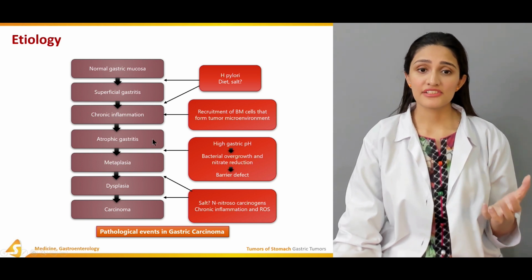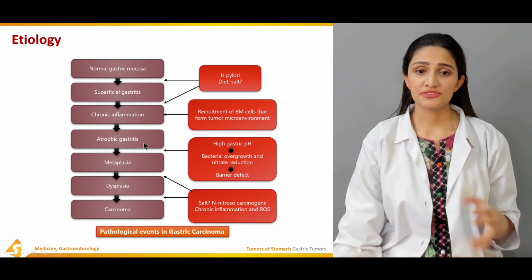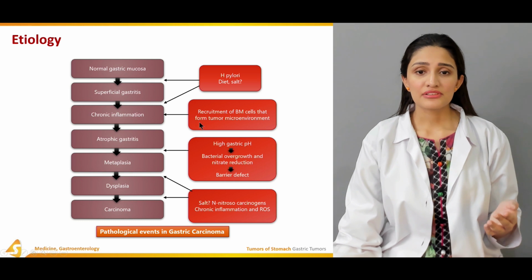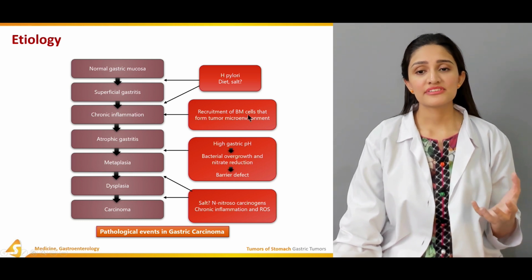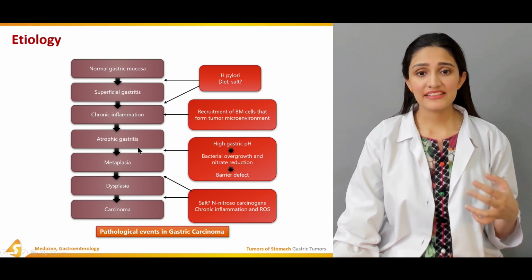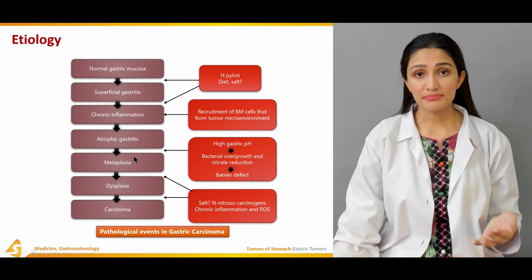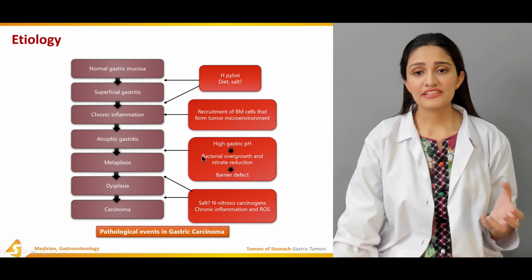Chronic Helicobacter pylori infection predisposes to atrophic gastritis with the help of recruitment of bone marrow cells that form the tumor microenvironment. And then secondly, it predisposes to metaplasia, which is more of a precancerous form.